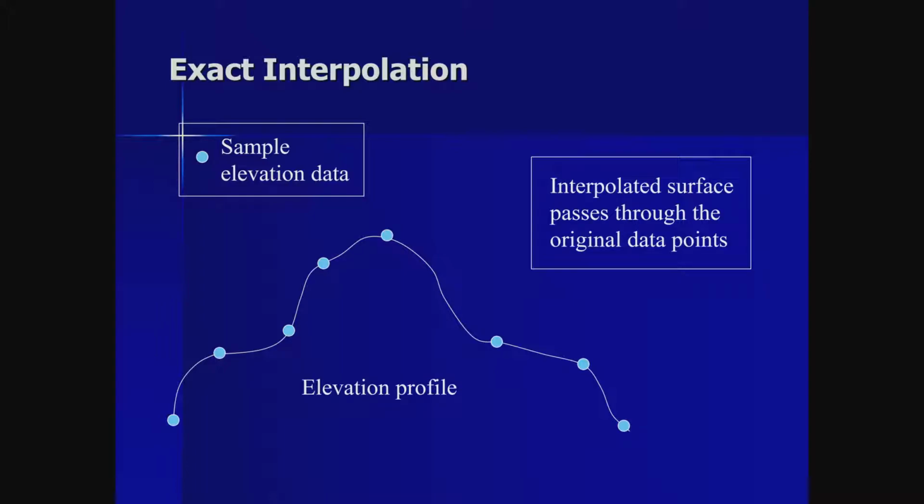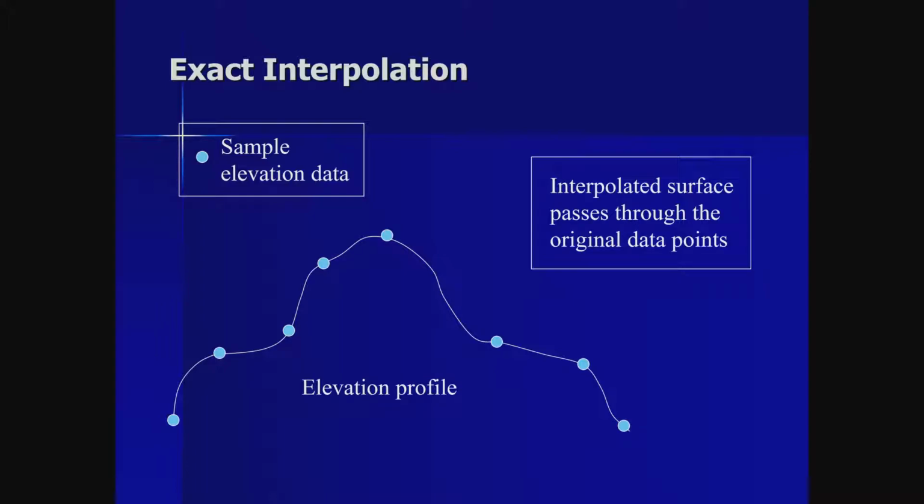Another category of interpolators are exact versus inexact interpolators. Exact interpolators pass through all the original data points. In other words, if there is a point at the center of any cell, an exact interpolator will make the value of that cell the same as the value of the point at that location, if they're exactly in the same spot.